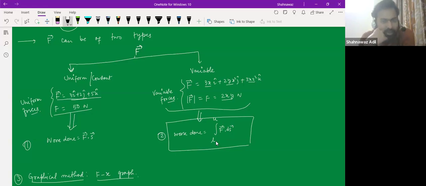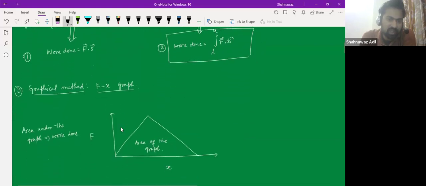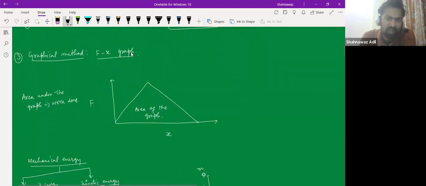The third option to calculate the work done is the graphical method. If the F-x graph is given, then the area under that graph is the work done.